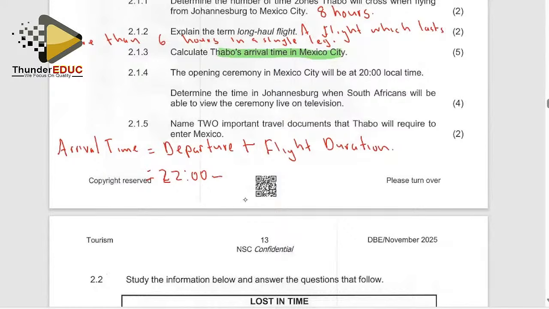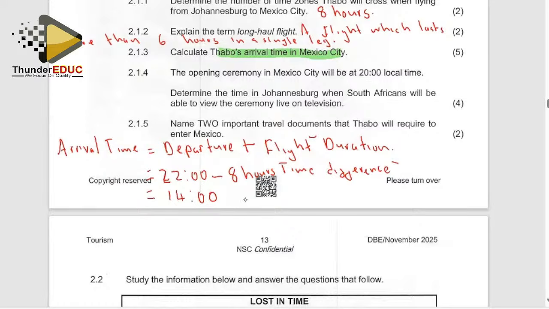So we are subtracting 8 hours time difference between the two cities. Let's first subtract the 8 hours. So 22 minus 8 should give you 14:00. So the departure time for Thabo was actually 14:00 according to Mexican time.